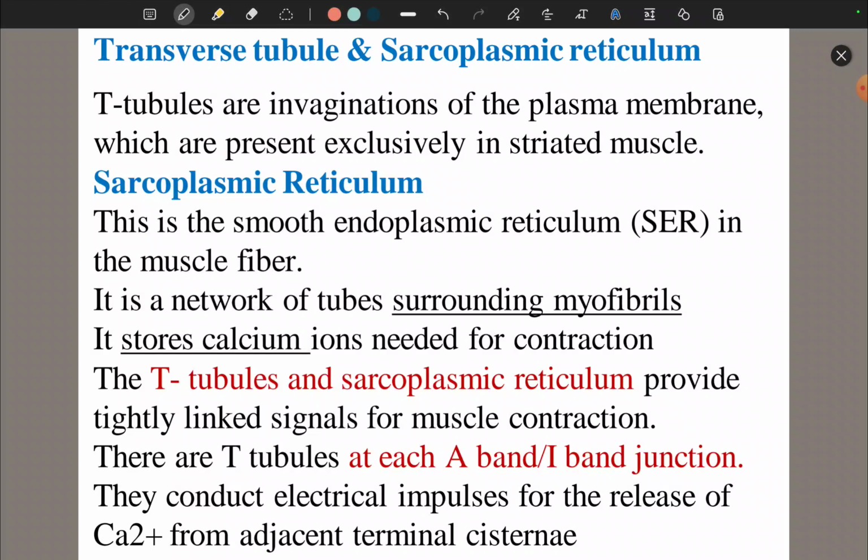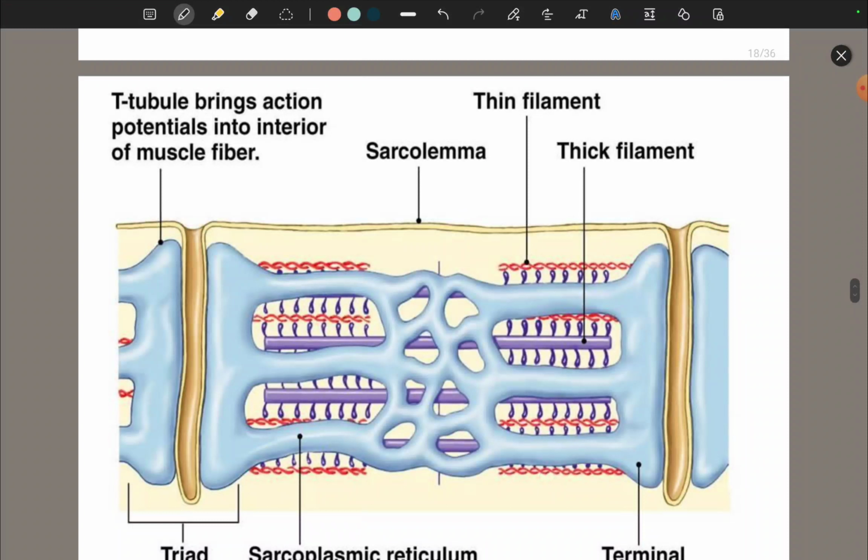The T-tubule is an invagination of the plasma membrane, the sarcolemma. It is a blind-ended tube, and it contains ion channels which are important for the process of the contraction.